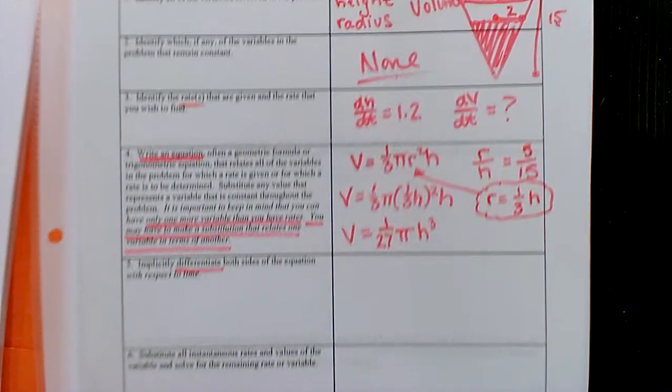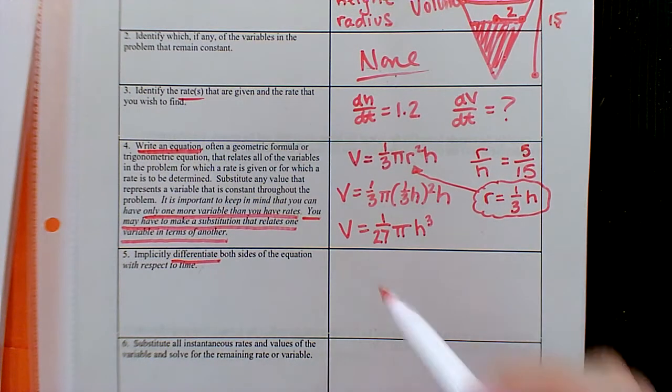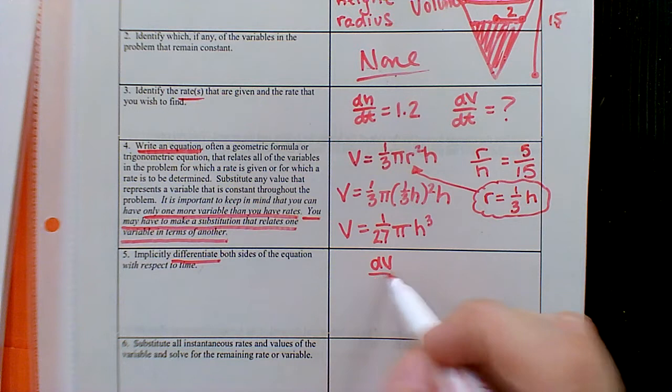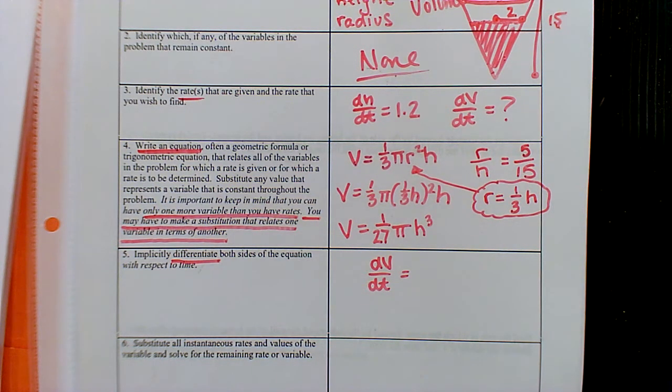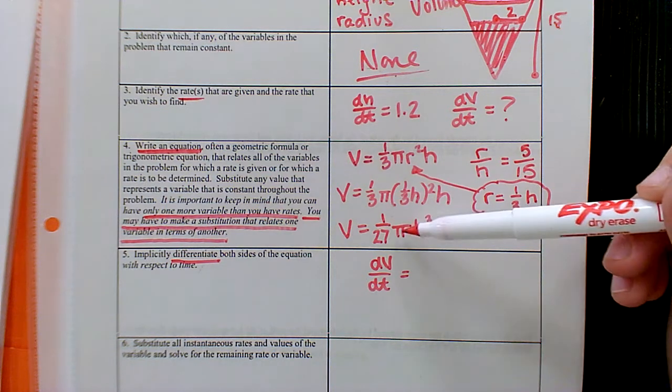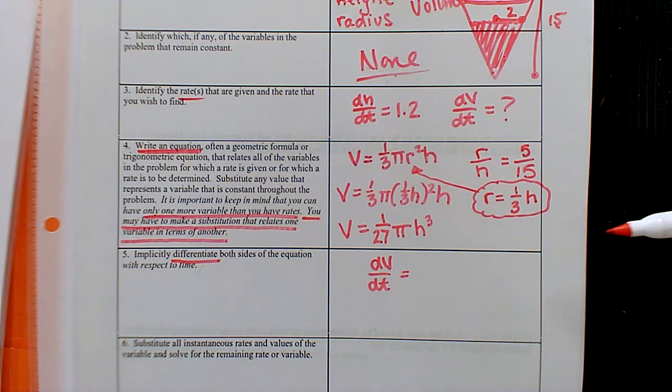Since this is now checking out, the variables match the rates that we have listed, let's go ahead and take the derivative. I think we're getting pretty good with this so far. We would have dv over dt on the left-hand side. What about the right? 1/27 and pi are coefficients. h is your variable.